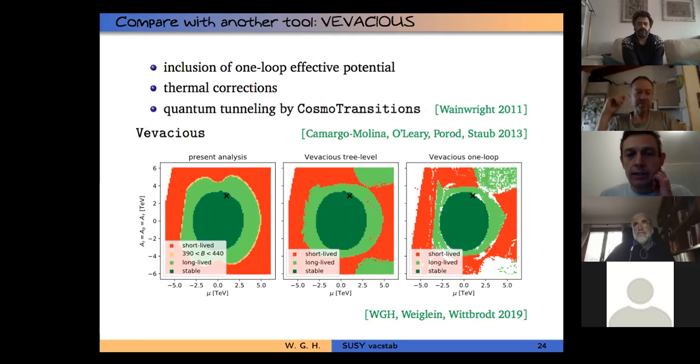It's not really an issue, but it's not feasible anymore. Okay. Maybe Carlos is thinking about his favorite new SSM, where there are many scalars, many more fields. No, but it's interesting to have these codes to check the points. Very nice.